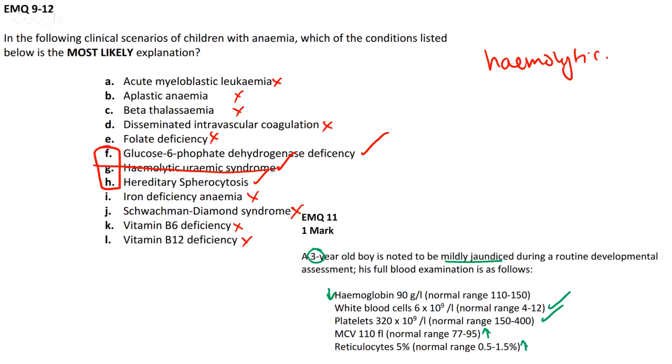Okay. Now, how are we going to rule out hereditary spherocytosis versus G6PD? Due to the reticulocytosis that is common in G6PD, that causes you to have an increased MCV. However, I'm still not 100% convinced that I've hit the right answer with G6PD, because you can still get reticulocytosis there.